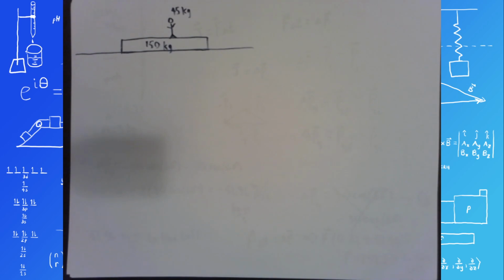The girl begins to walk along the plank at a constant velocity of 1.5 meters per second to the right, relative to the plank. And that's what makes this one a little bit trickier. It's a relative velocity. What is her velocity relative to the surface of the ice, and what is the velocity of the plank relative to the surface of the ice?